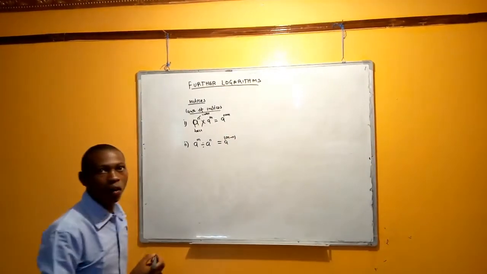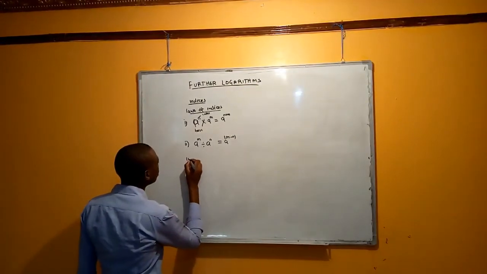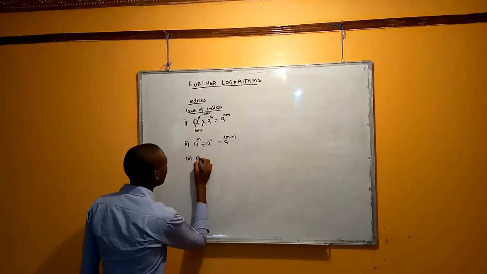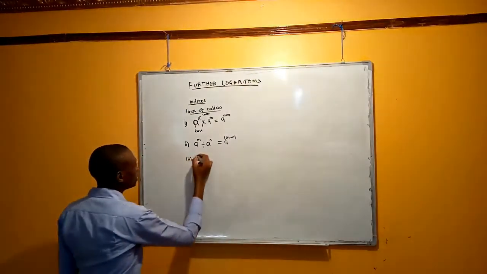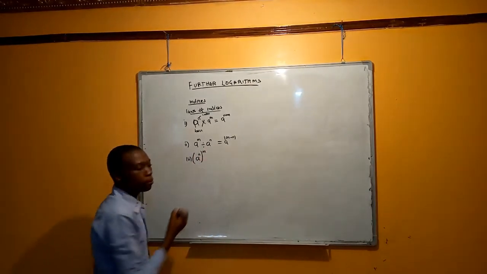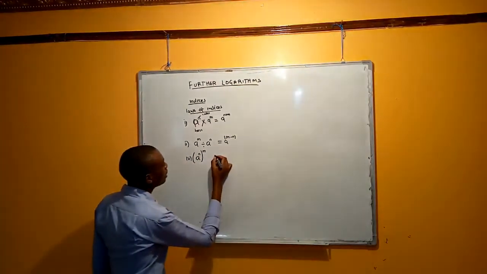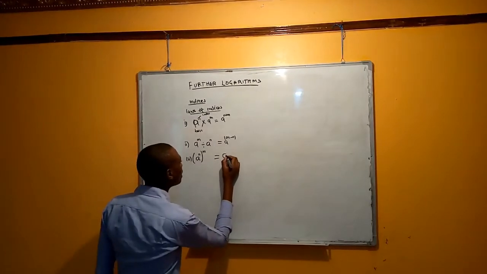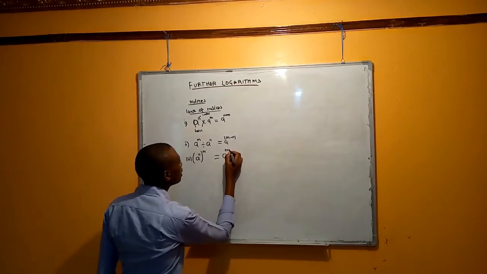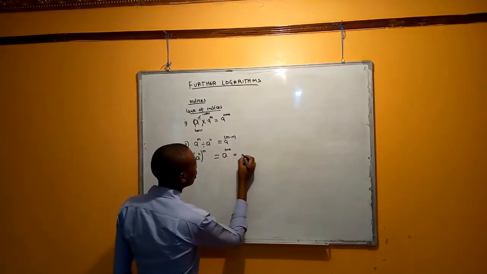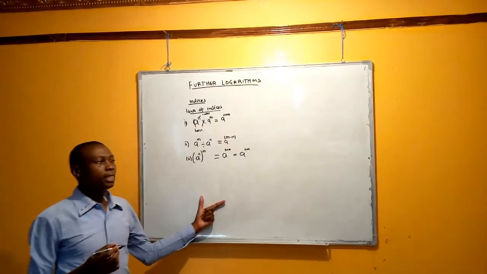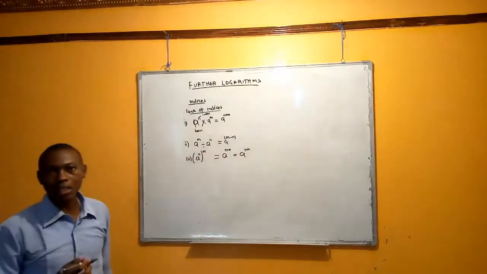The third law: if you are given a raised to power n, raised to another power m, you multiply the two powers, and this gives a raised to power n times m. So these are the basic laws of indices.